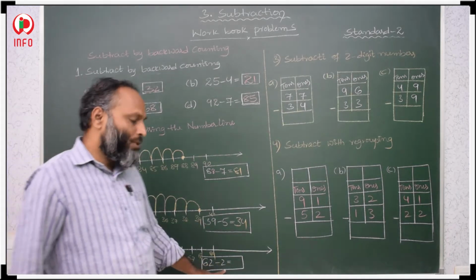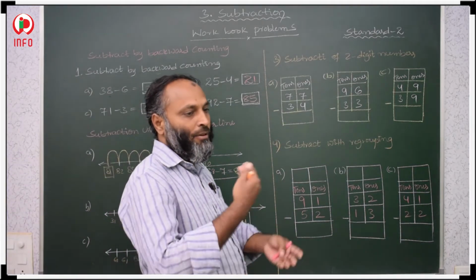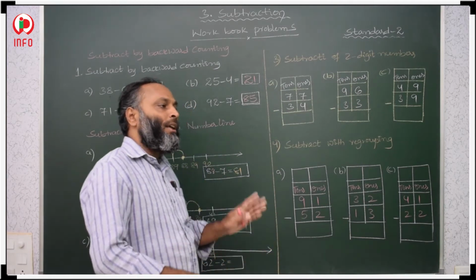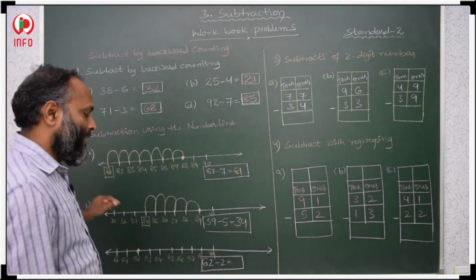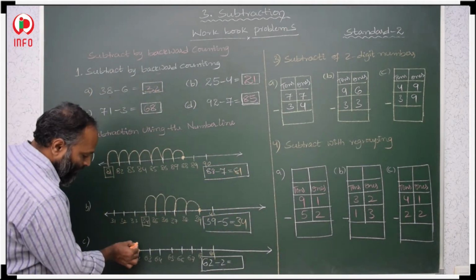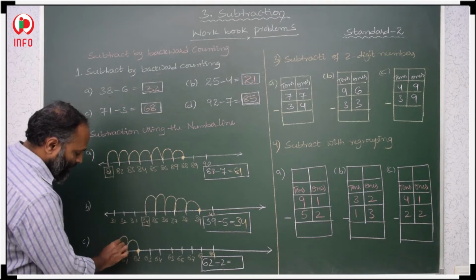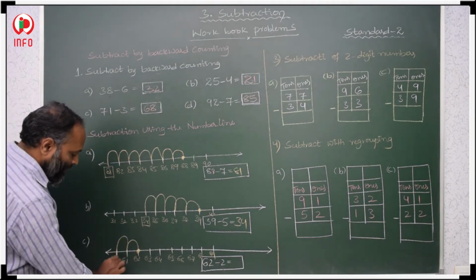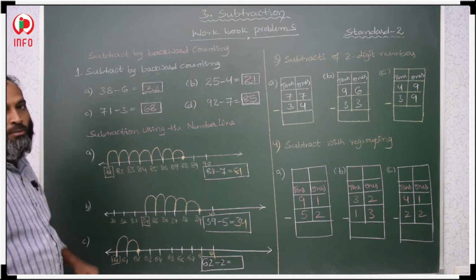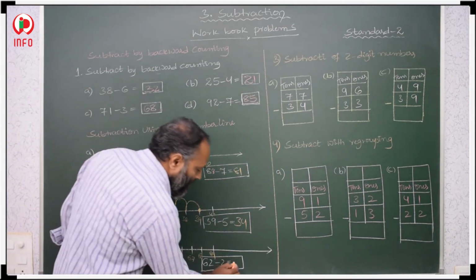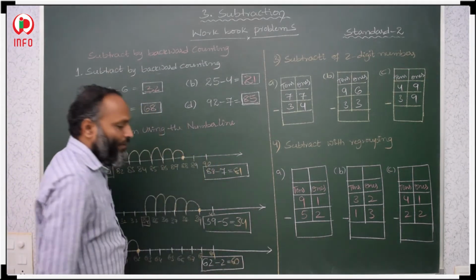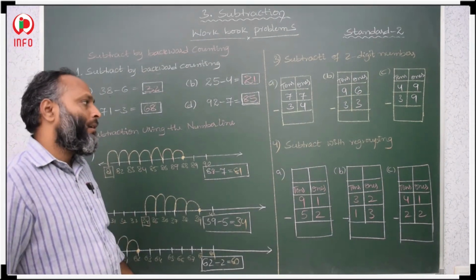Minus 2 is given. Minus 2 means we move 2 places to the left. One place and one more place. So the answer is 60. 62 minus 2 is 60. In this way we do our subtraction on a number line.